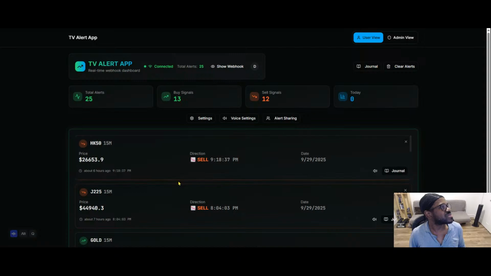And let's see here. Let's close this fast here. We still have 4 minutes left before market open. So I will show you guys something else.